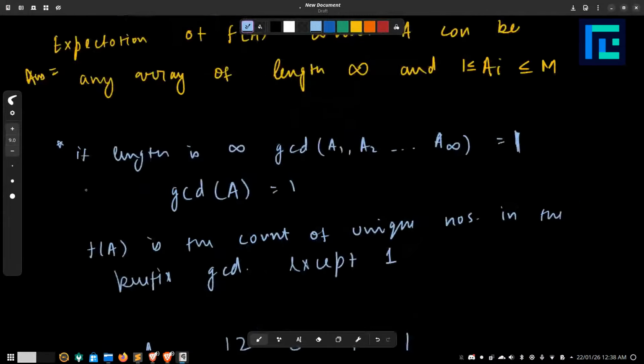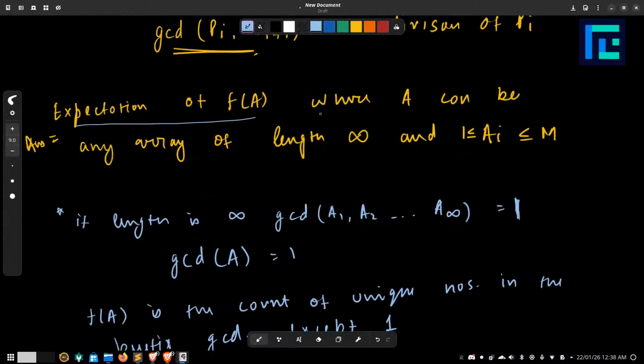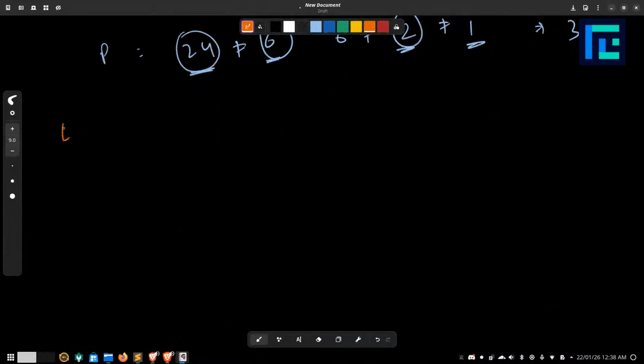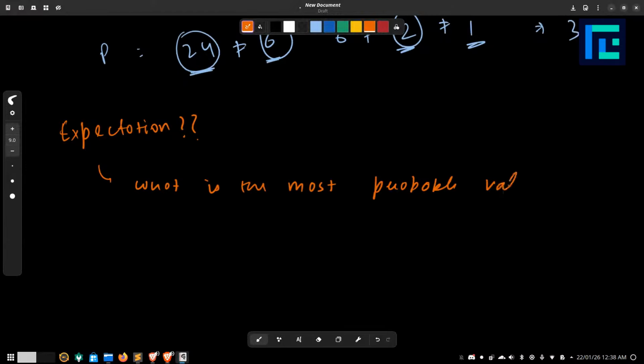And the answer is simply the expectation of f of a, where a can be any array of length infinity and ai is from 1 till n. So how do we find the expectation? Expectation is kind of like what is the expected value of f of a?